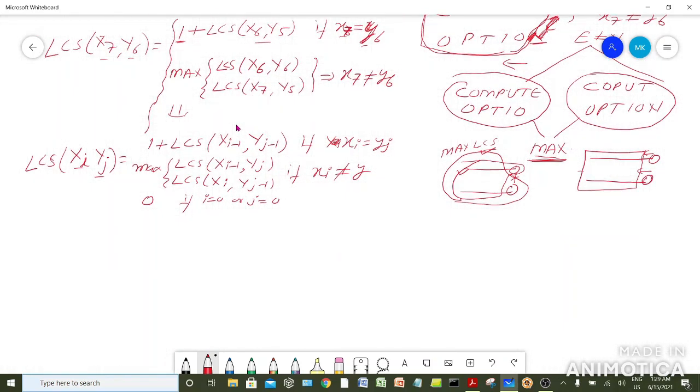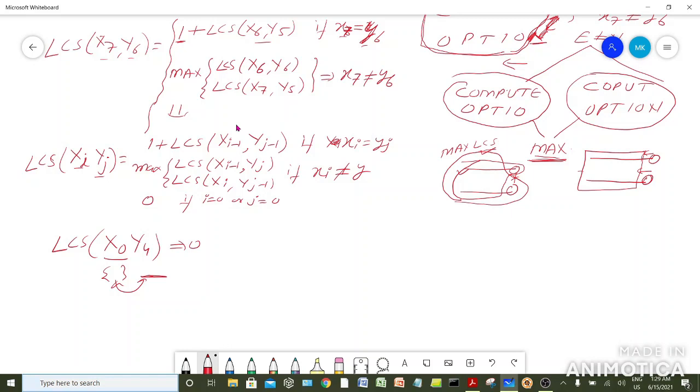Consider the case when we wish to find the LCS of x of 0 and y of 4. X of 0 means null and y of 4 means the first four characters. So the common between them is going to be a null string. So it will be having length equal to 0.